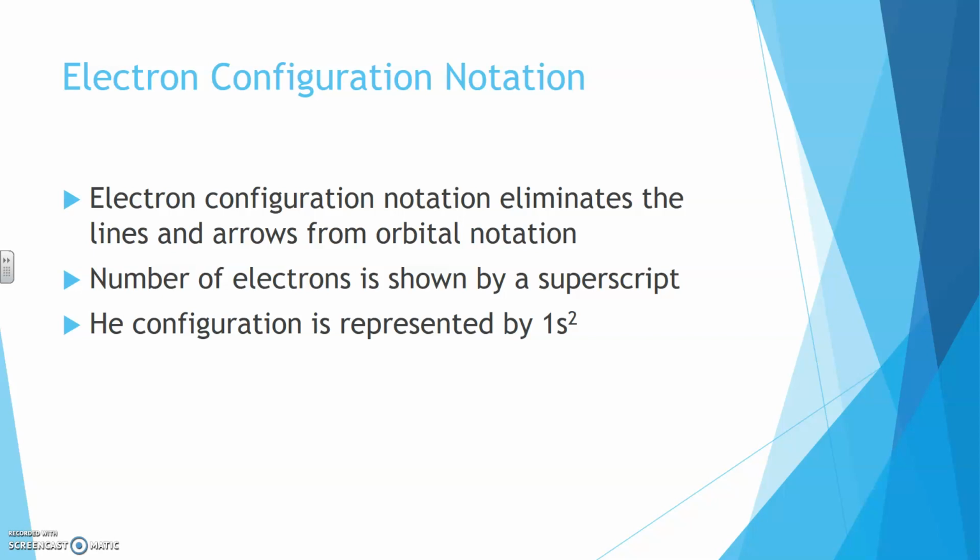That's 1s to the second, but it's read as 1s2. This means that there are 2 electrons in helium's 1s orbital, but that happens to be all of the electrons that helium has, so you don't have to go up to the next orbital.